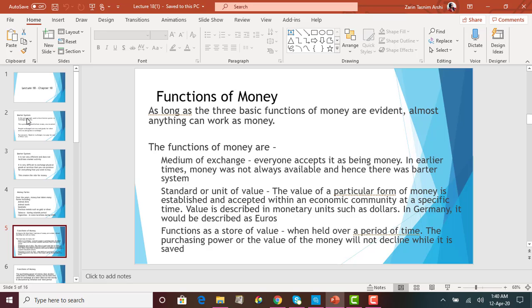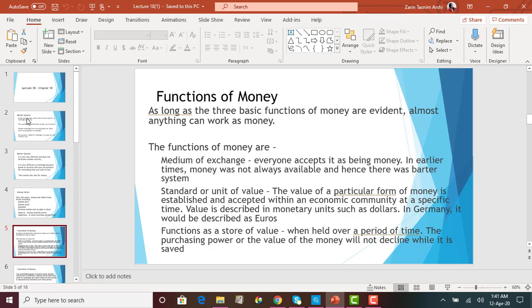Then the second function is called standard or unit of value. Money needs to have a standard or unit of value. The value of a particular form of money is established and accepted within an economic community at a specific time. Value is described in monetary units such as dollars, like in the US, it's the dollar.